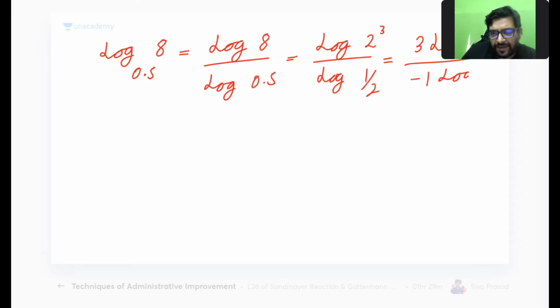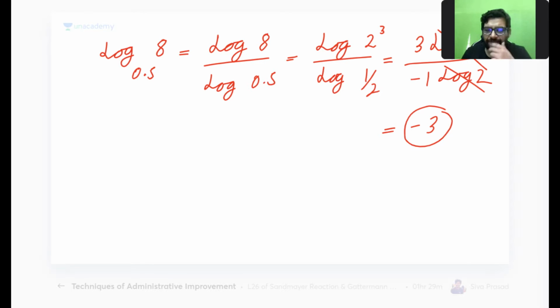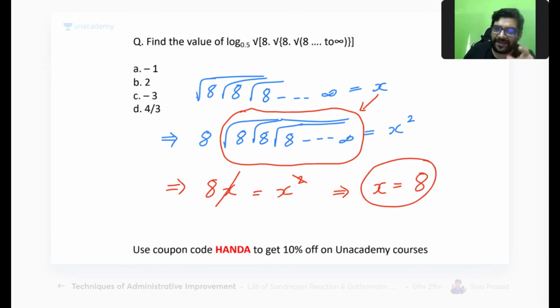This is minus 1 log 2. Log 2 cancels. I'm left with minus 3 as the value. Are you guys okay with minus 3 as the answer here? The trick or the interesting part in this question was finding out what that root 8 will eventually lead to. That's the key part in this, and once you get that, the rest gets figured out pretty easily.